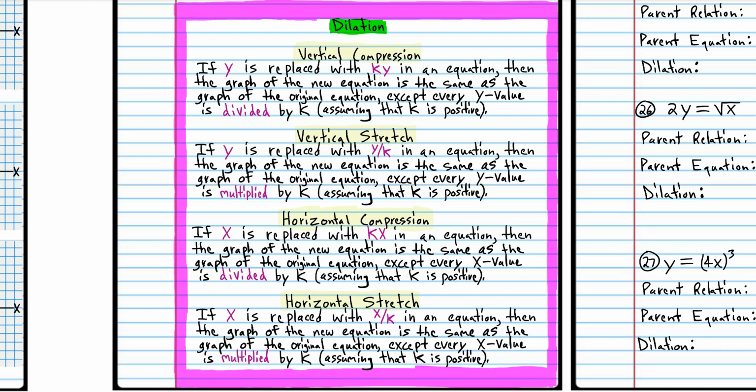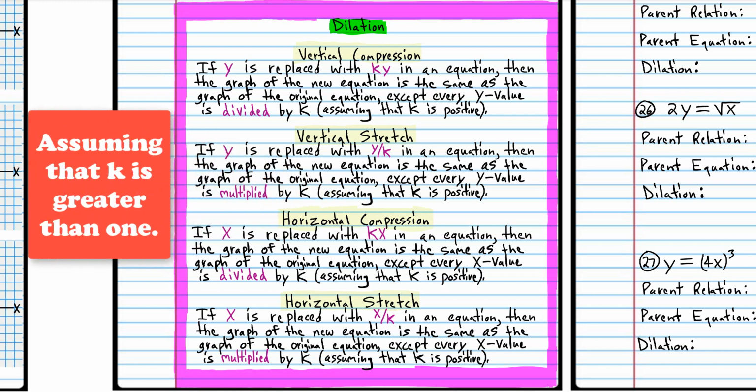And I want you to be aware that things can get kind of confusing when studying dilations, because a horizontal stretch can be interpreted as a vertical compression, and a vertical stretch can be interpreted as a horizontal compression. So things can get really confusing. And so mathematicians have decided that when you multiply x or y by a number, it's a compression.